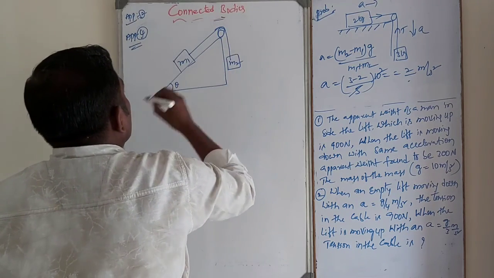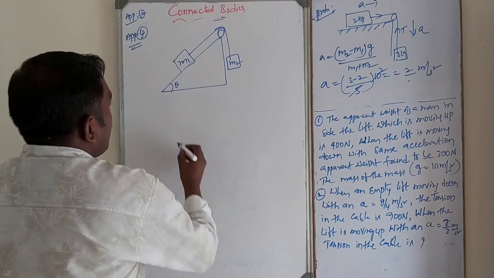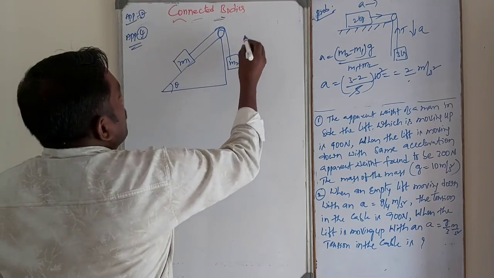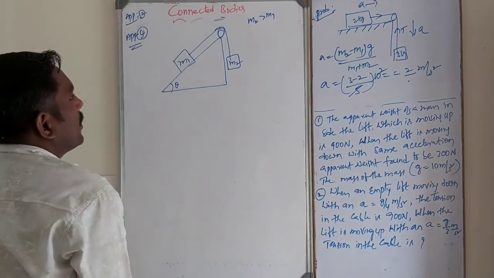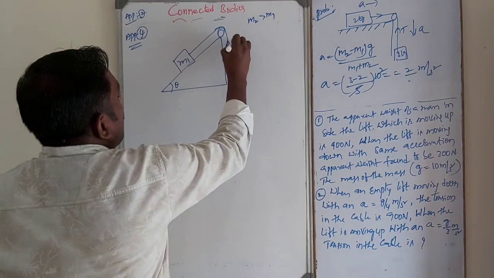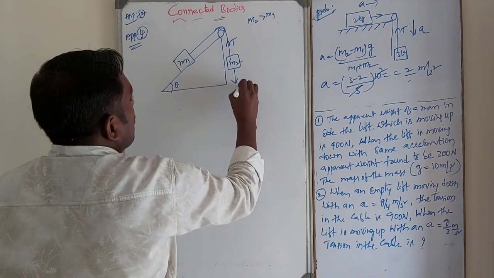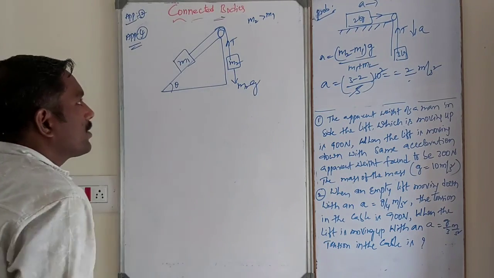This is m2, on the inclined surface. I will take m2 greater than m1, so the tension will be upwards and the weight m2g will be downwards.